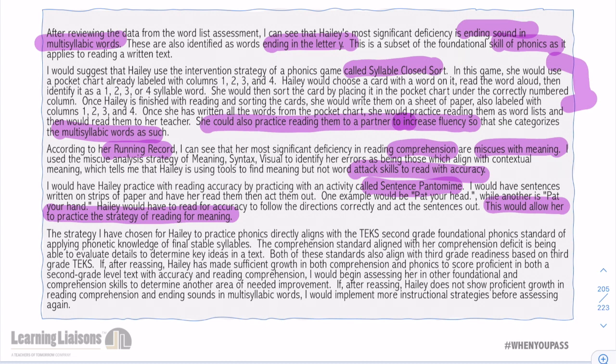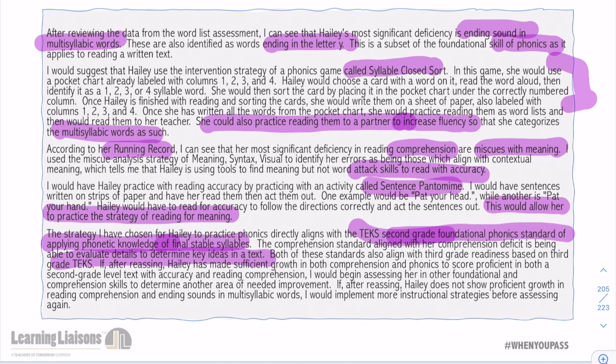And then the last thing we had to do was make sure we hit those TExES and explain why we're doing what we're doing. All right, so right here we talk about that the TExES that we're going to hit are foundational phonics standards for applying phonetic knowledge of final syllables, and then also able to evaluate details and determine key ideas in a text.